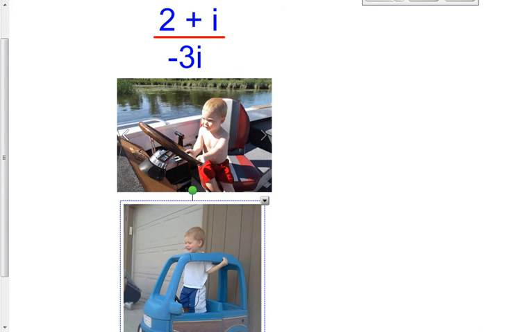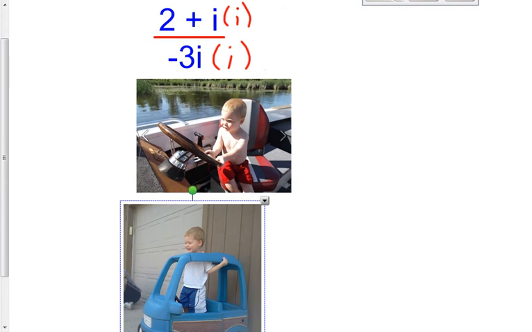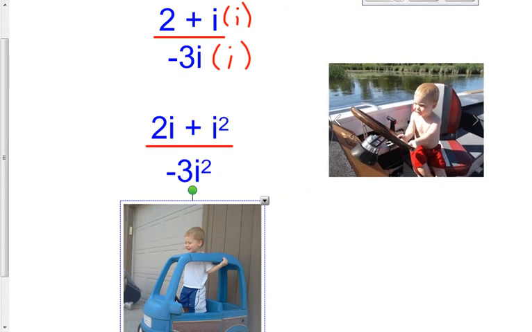Pause the video. 2 plus i divided by -3i. Unpausing the video, hopefully you did the same thing as the last one, where you multiplied both top and bottom by i. Once you did that, you got this 2i and this i squared, and you should have gotten this -3i squared.